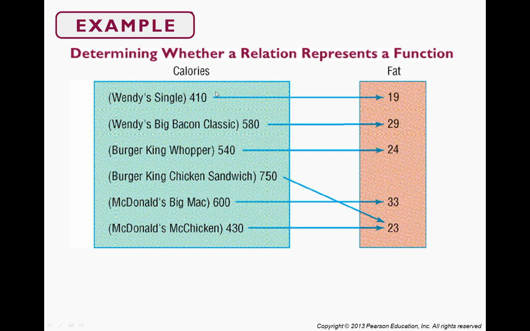All right, so here the number of calories is our input, or our domain, and the total number of fat is the range. So this one maps to just 1. The Big Bacon Classic maps to just 1. The Whopper is just 1. Chicken sandwich goes to 23. McDonald's Big Mac goes to 33, and McChicken goes to 23.